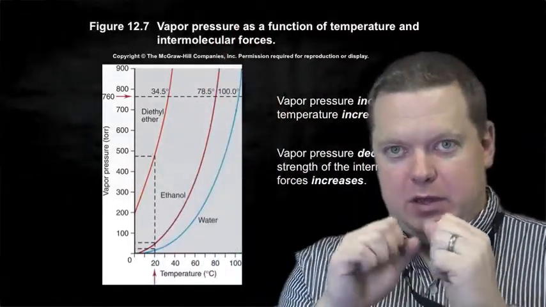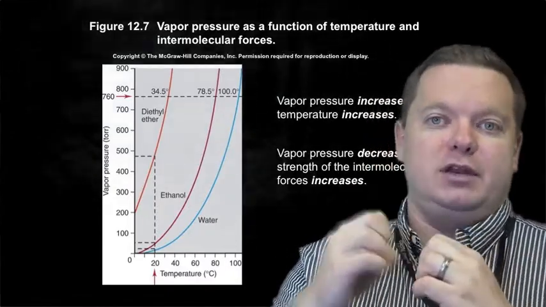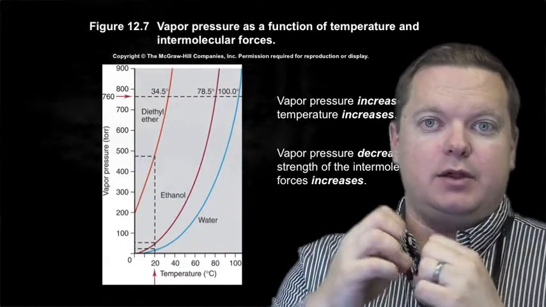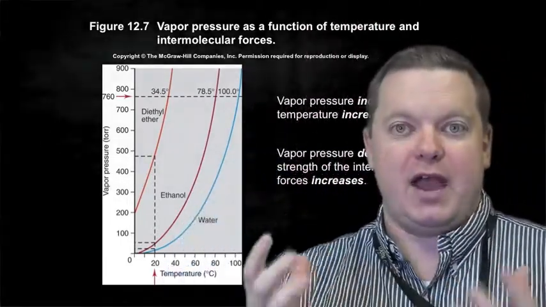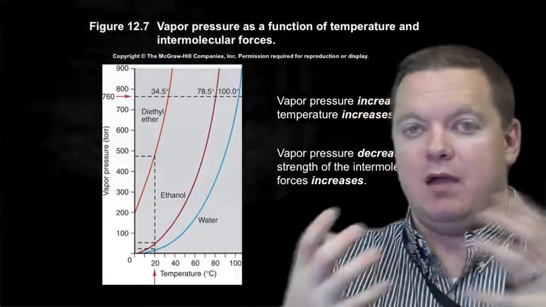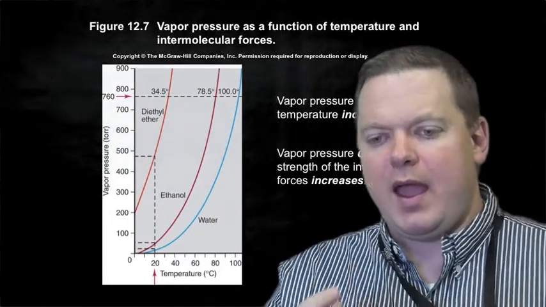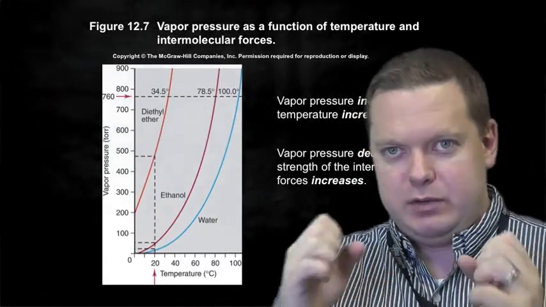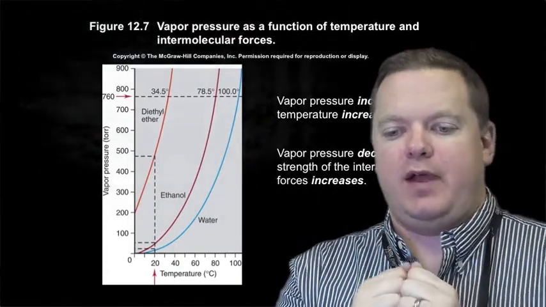As the temperature increases, the kinetic energy increases, and the likelihood that a molecule is able to break those intermolecular interactions increases. So we should get more molecules in the gas phase. Remember from our gas laws, the more molecules we have, the higher the pressure. Conversely, the strength of those molecular interactions also plays a factor.